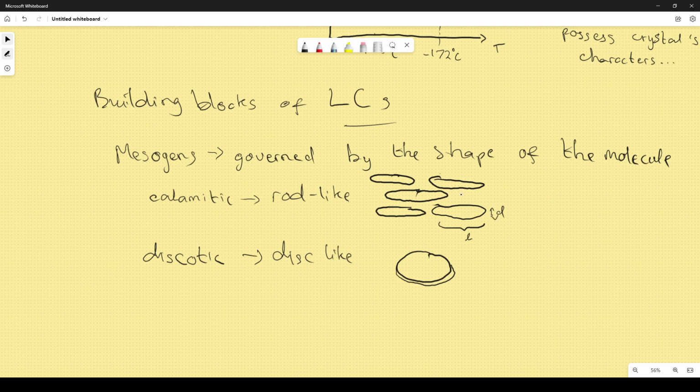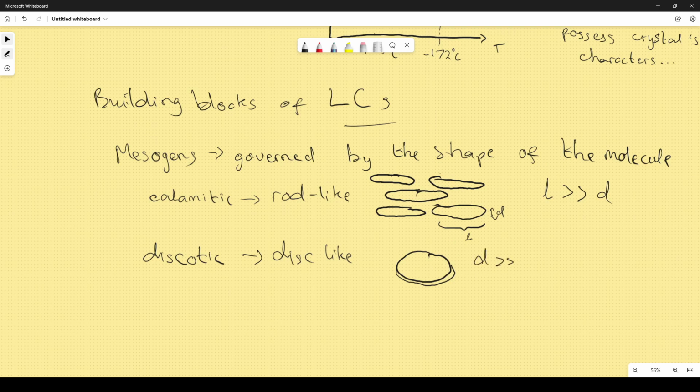So in calamitic mesogens, the length is obviously larger than the diameter, hence the rod-like shape. While in the discotic mesogens, the diameter is obviously larger than the length.